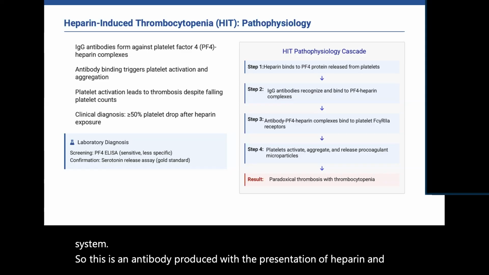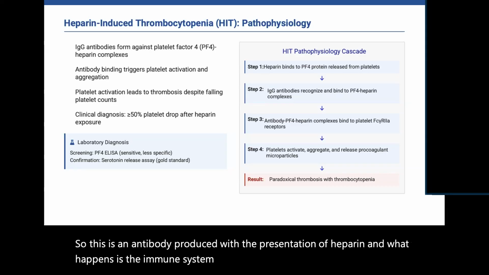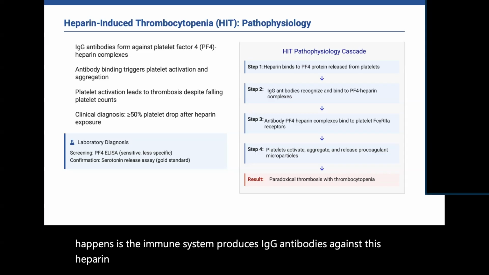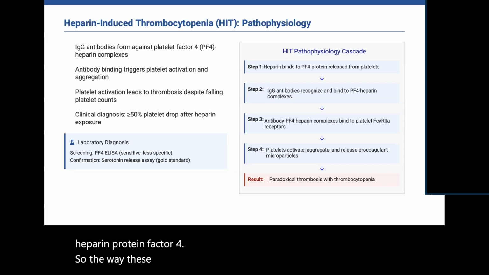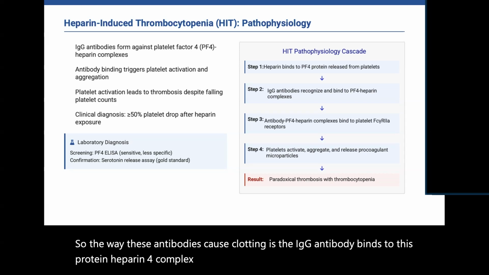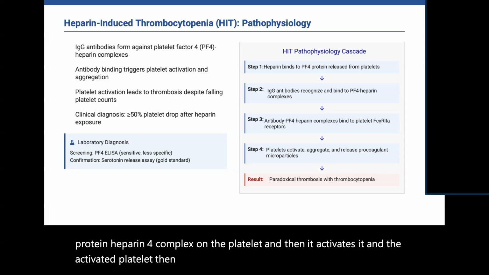The immune system produces IgG antibodies against this heparin-platelet factor 4 complex. The way these antibodies cause clotting is the IgG antibody binds to this complex on the platelet, and then it activates it.